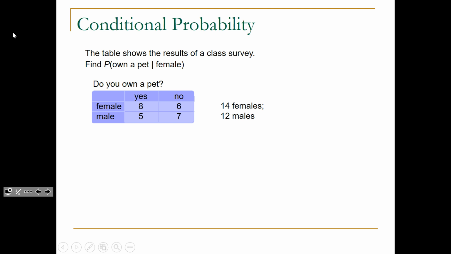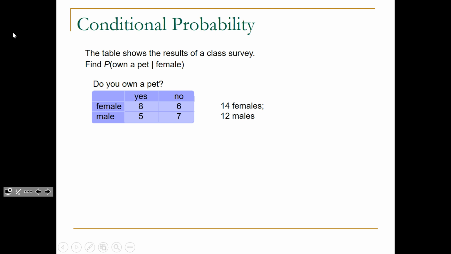Alright, so first example, it says that the table shows the results of a class survey. Find the probability of owning a pet that's been restricted by being a female. Okay, so like I said, remember this part is what restricts the first part, right?